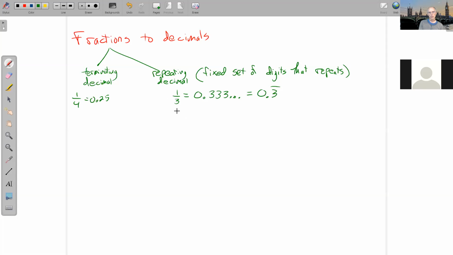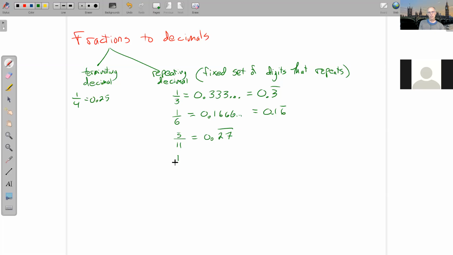Another example we saw the other day was 1/6. 0.1666, and there my intention is that only the 6 repeats, and sometimes bigger chunks repeat. For example, 3/11 is 0.27 repeating, 27 repeating, and the 2 and the 7 repeat.